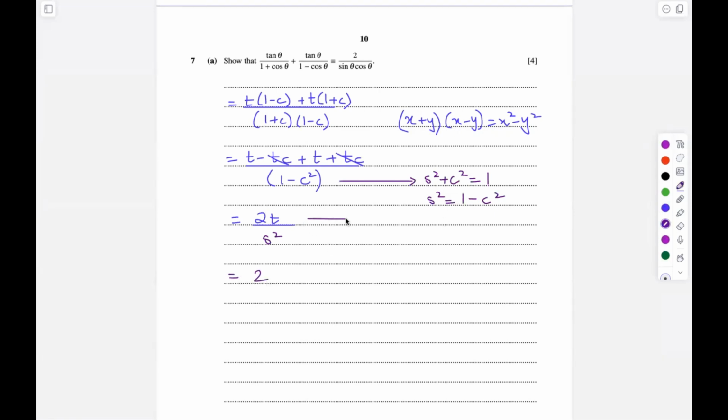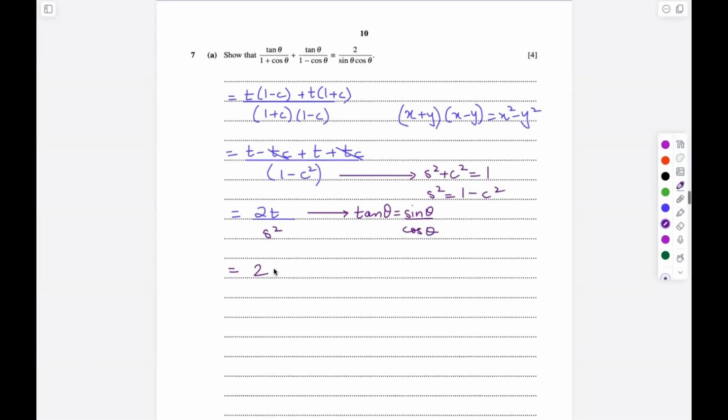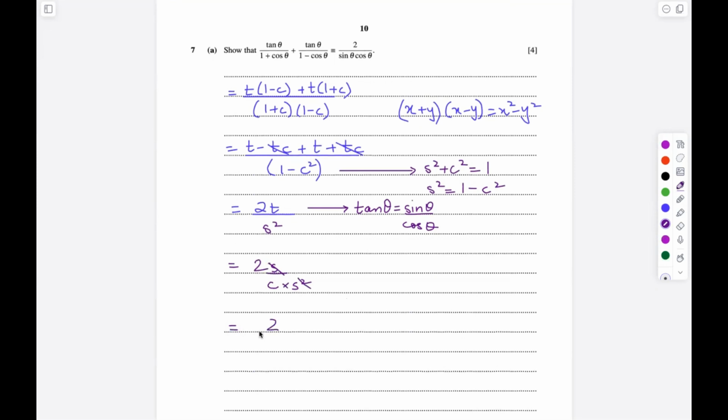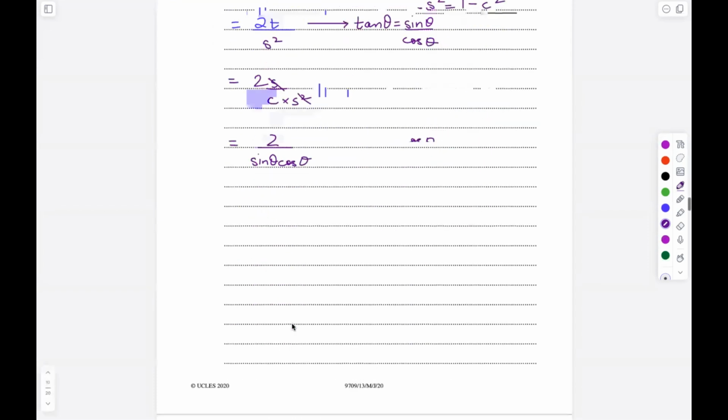So we know that tan theta is equal to sine theta upon cos theta. So we can write tan as sine upon cos, and there was already a sine squared in the denominator. So this sine and this sine will cancel out. So we'll get 2 upon sine theta cos theta, which was the identity that we had to prove.